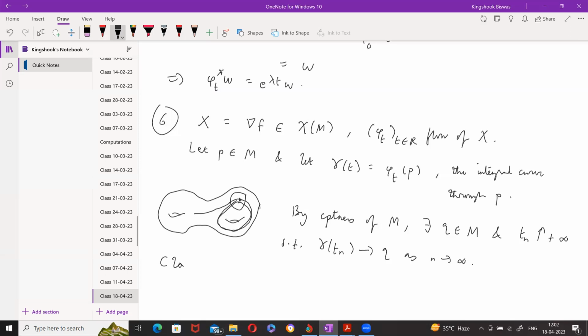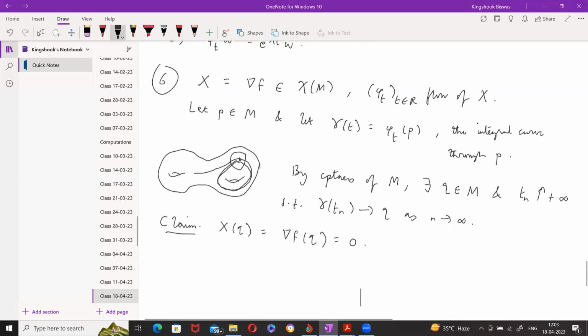The claim is that the vector field X of q, which is grad f at q, has to be 0. So the vector field has to vanish at any accumulation point.